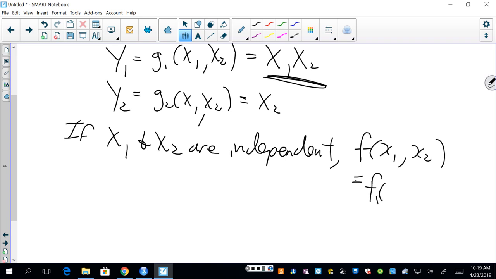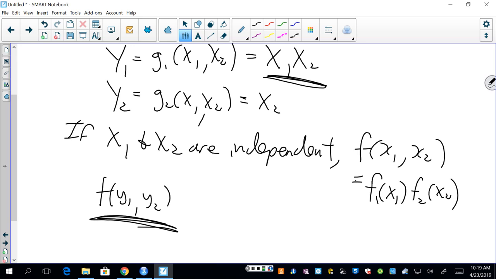So we're going to use that. But what we want to know is the density of y1 and y2. And y1 and y2 are not necessarily independent, so they don't necessarily factor. You can't do just each one at a time.